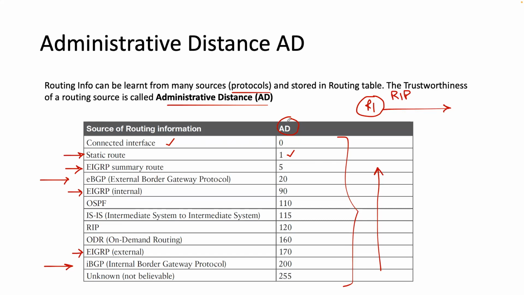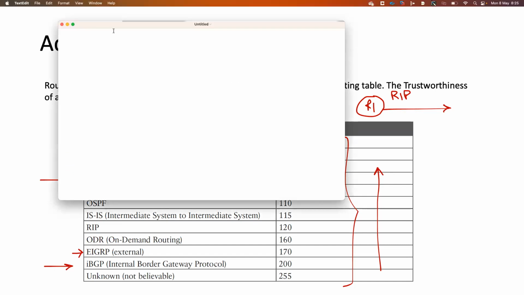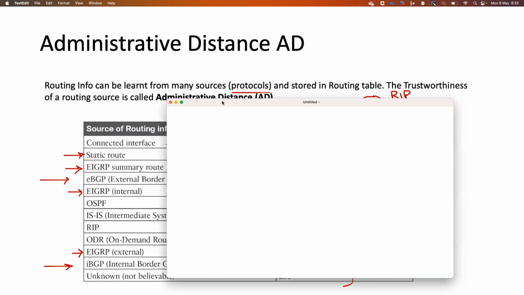All right, any questions, guys? Let me ask one question from my side. Let's say you want to look for a route for 10.1.2.3 within your routing table.